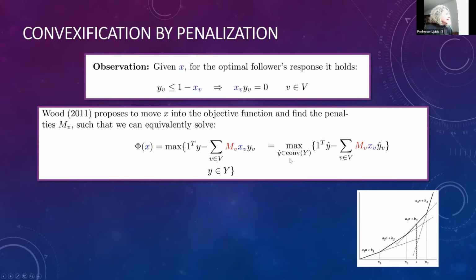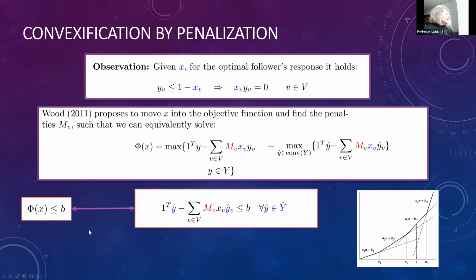And so Y hat is simply one possible connected component in our input graph. And then we look at the maximum of this objective function over all possible connected components. And now this function phi of X, restated in that way, becomes a convex piecewise linear function. And so this is our convexification that we were looking for.